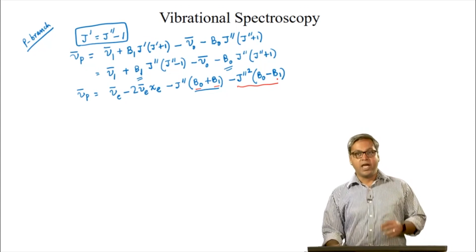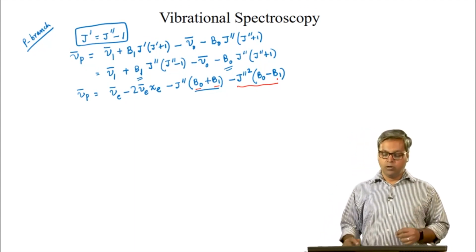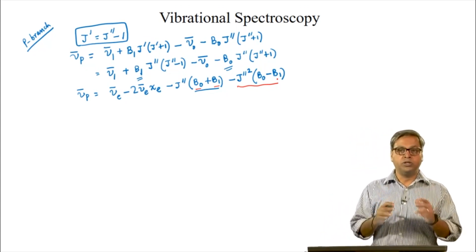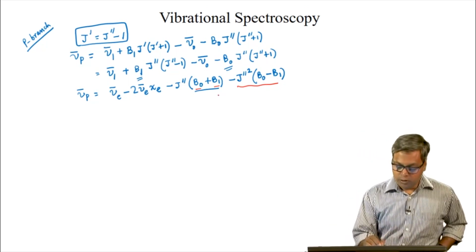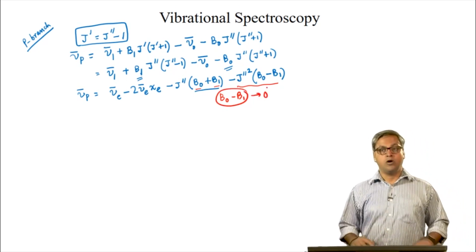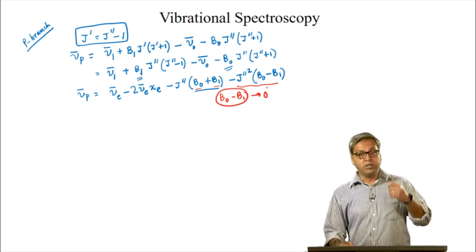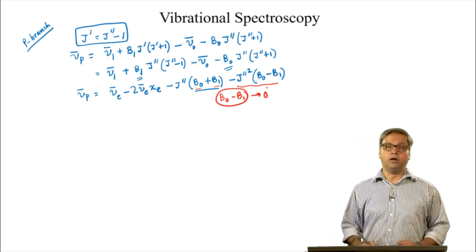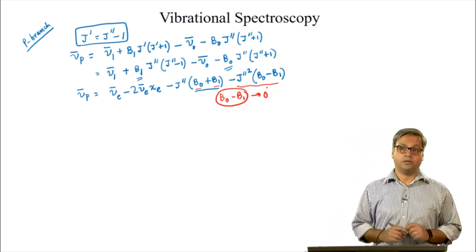So, before, as B 1 was considered to be equal to B 0, B 0 minus B 1 was 0, but now as B 0 is slightly greater than B 1, this term appears.